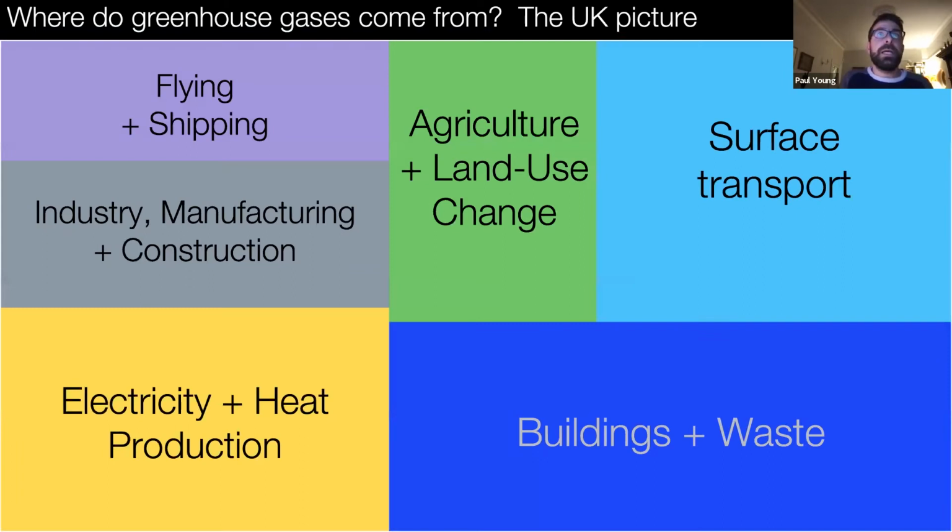We can also have a look at what that looks like from the UK, and you can see that we subtly change the size of these squares because they have different importance in different countries. And it just so happens that in the UK, our energy consumption in buildings and the waste that we produce, but it's mostly from the buildings, is quite a large proportion of all of our greenhouse gases.